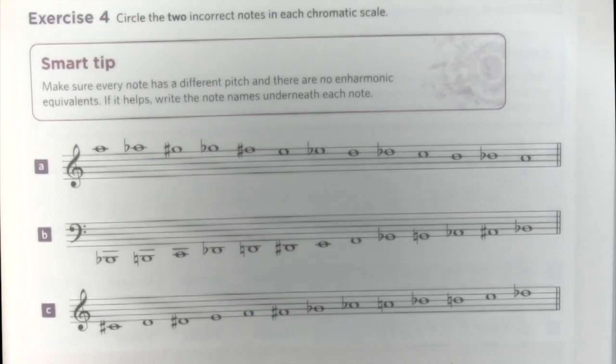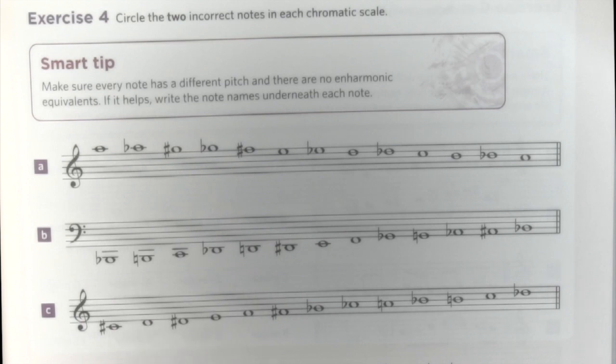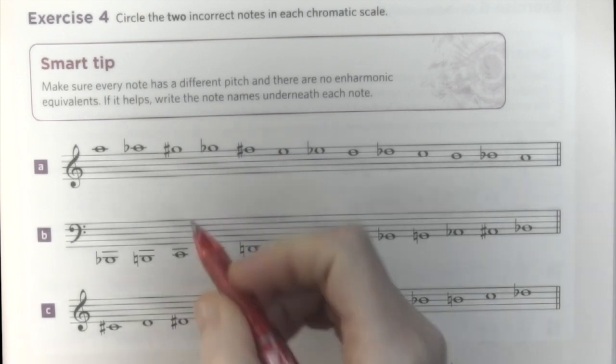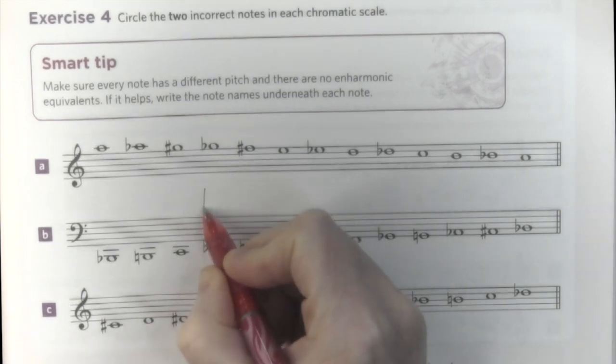In exercise 4, we need to circle the 2 notes that make the chromatic scales incorrect. And to do that, we need a keyboard, and I'll write it here.